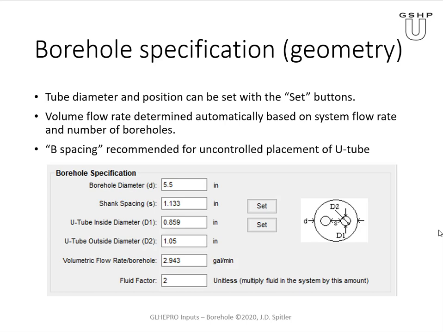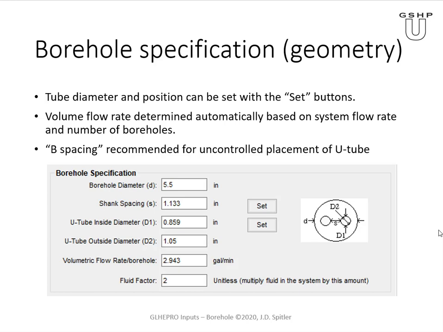We found, just based on measuring borehole thermal resistance in thermal response tests and doing an analysis like we would do here, that the spacing that typically best represents the actual placement seems to be the B spacing. So it's not up against the wall, it's not in the center.